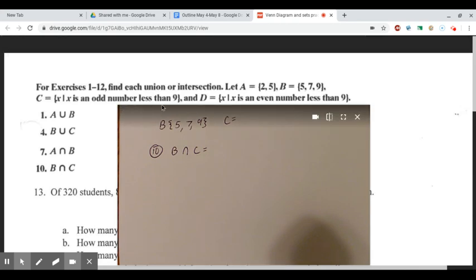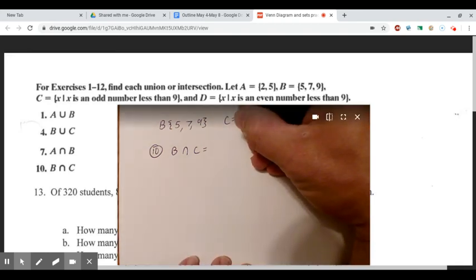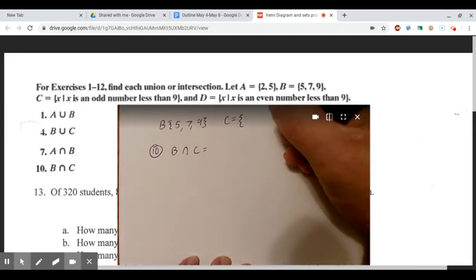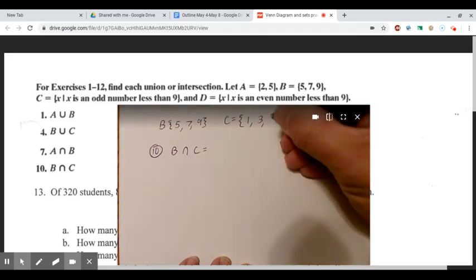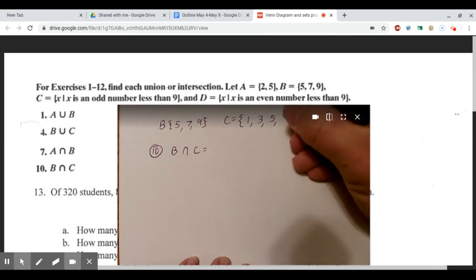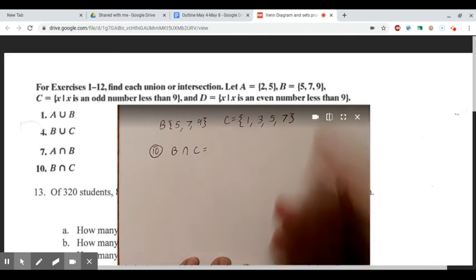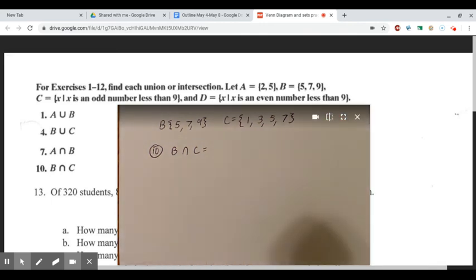All right, so what I'm going to do is actually just write out those values, what they are. X is an odd value less than 9. So 1, 3, 5, 7, and I'm not going to include 9 because it's not less than 9. It would be equal to 9.